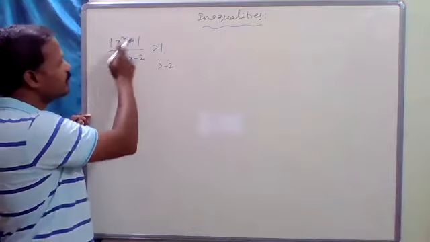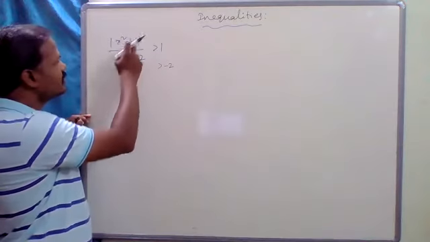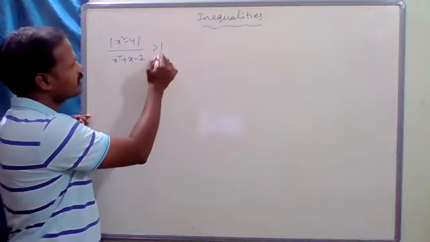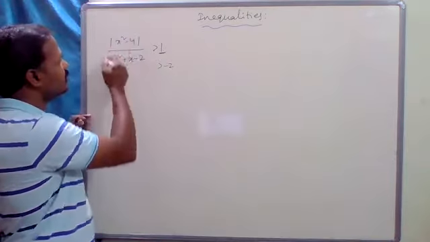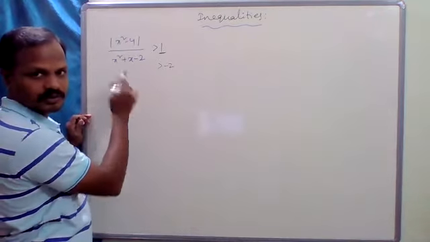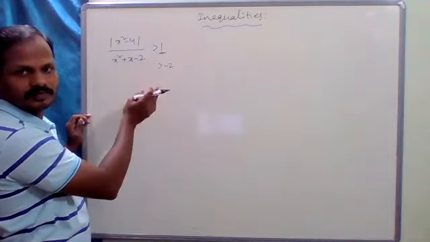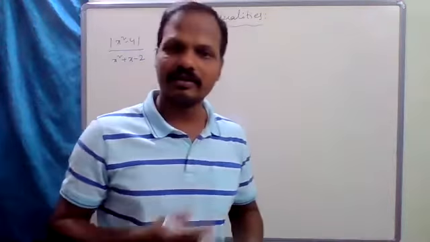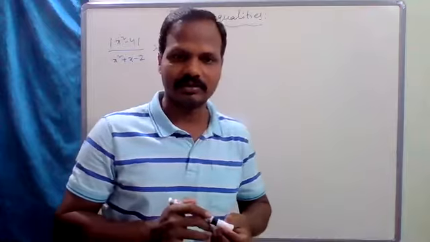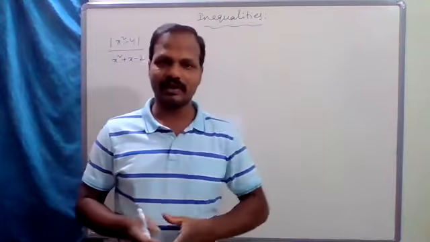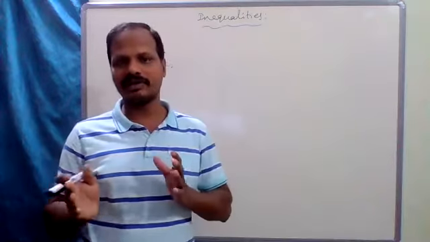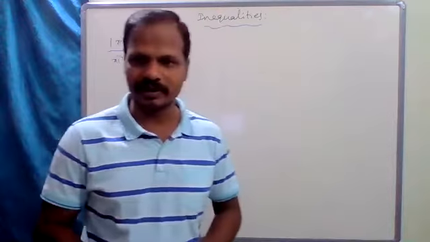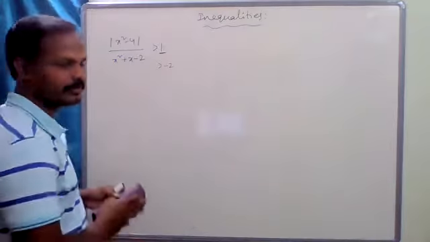Then since it is positive, this should be negative. But here positive is there, obviously this total expression is positive. So since both are positive, then you can apply the cross multiply. While solving inequalities, if both sides of the inequality are positive terms, then you can apply the cross multiply. Otherwise you should not apply.